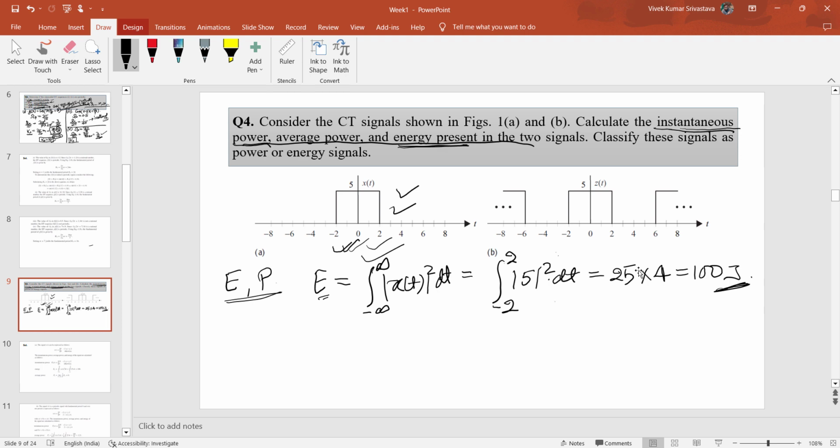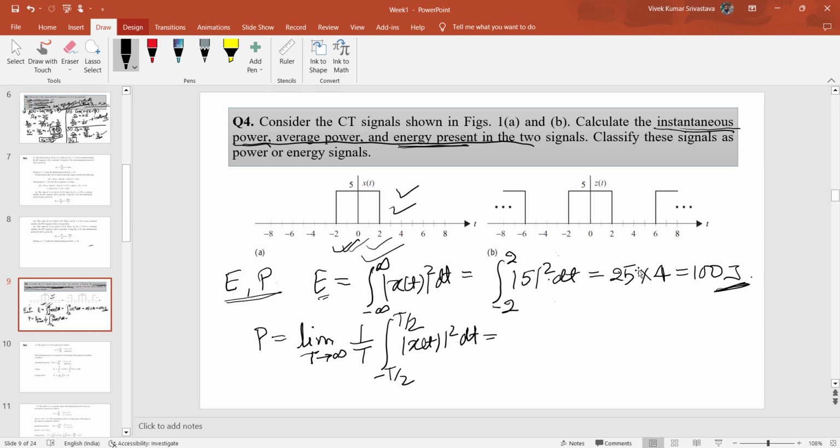Whereas for determining the power, we will use this expression: limit t tends to infinity, 1 by T, integral from minus T by 2 to T by 2, mod of x of t squared dt.